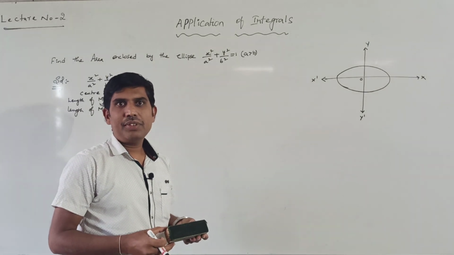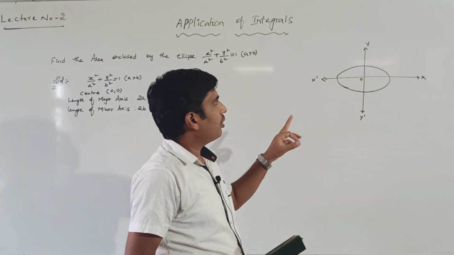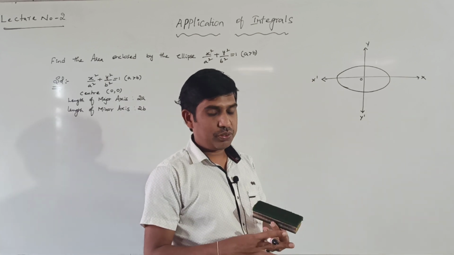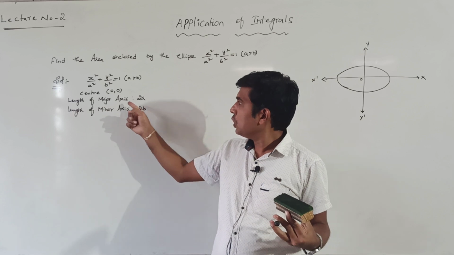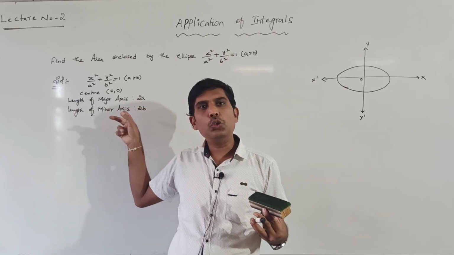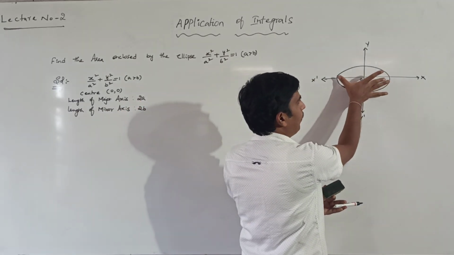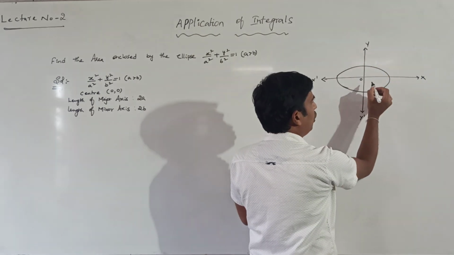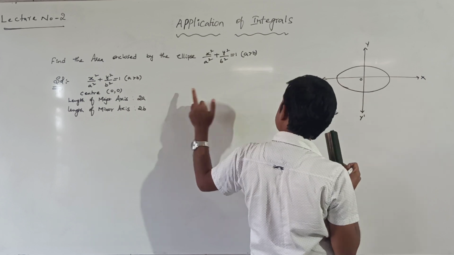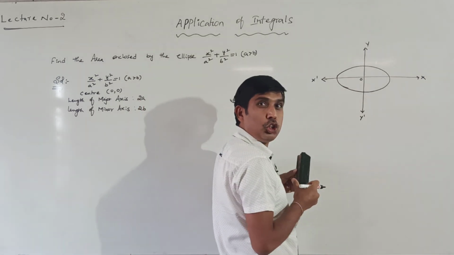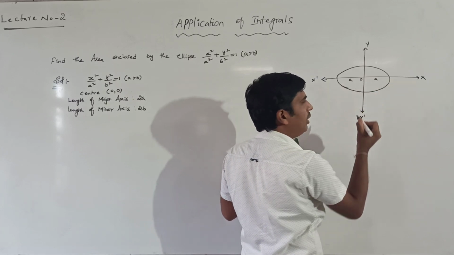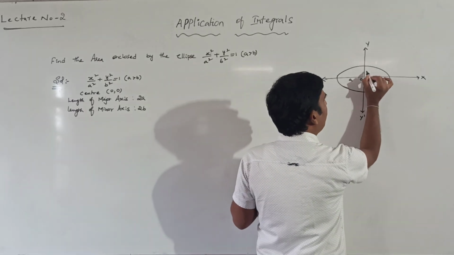I drawn here ellipse x square by a square plus y square by b square is equals to 1, a greater than b. So major axis, what is that? 2a. So this is major axis, this is minor axis. So center at origin, what is this major axis length? Here I took nothing but 2a. So nothing but this one a units, this one a units, and what is length of minor axis?